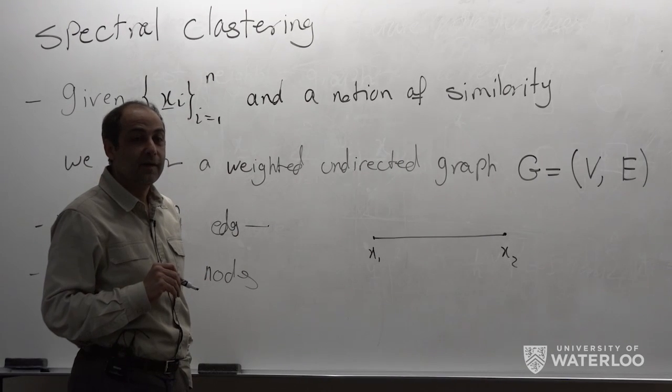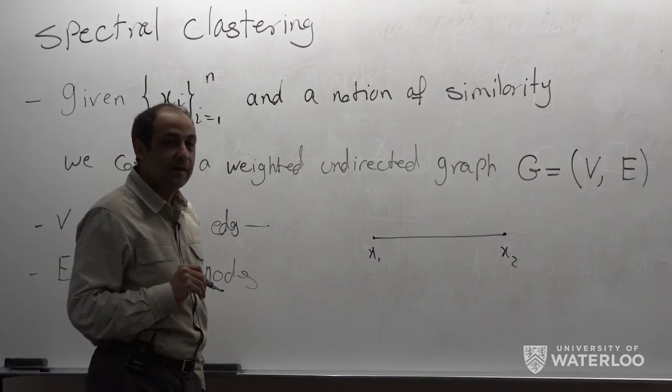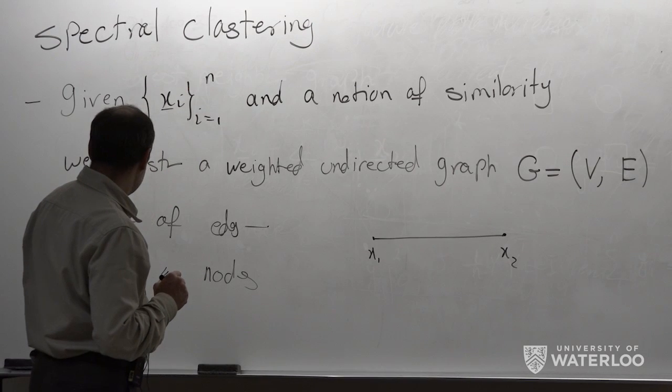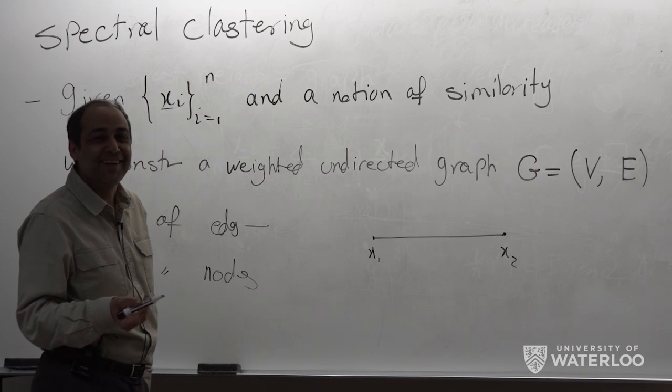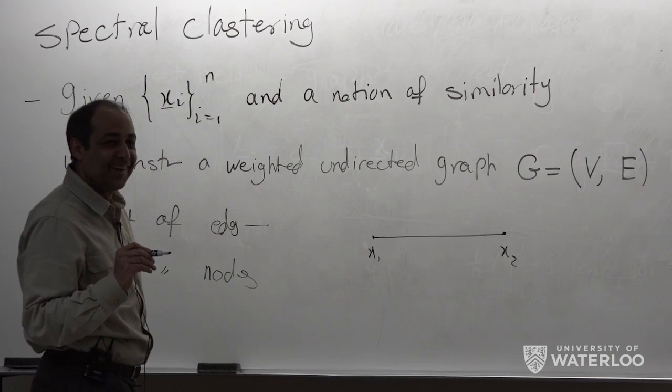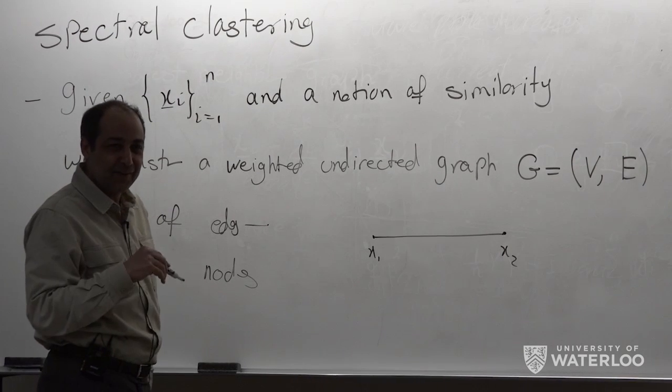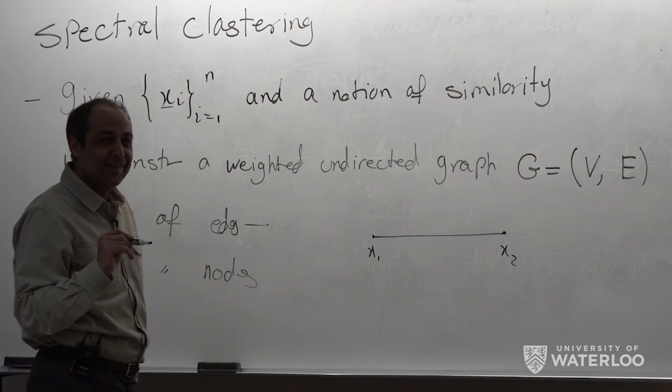I just mean because V stands for vertices, and a node is a vertex. E stands for edge. Okay, it depends how you define it, right? You want to define it the other way around? It doesn't matter. I just mean that's the typical. Yeah, okay.